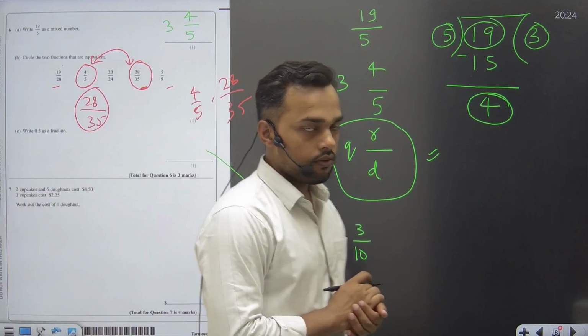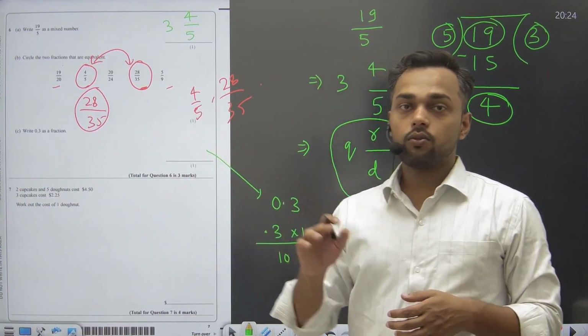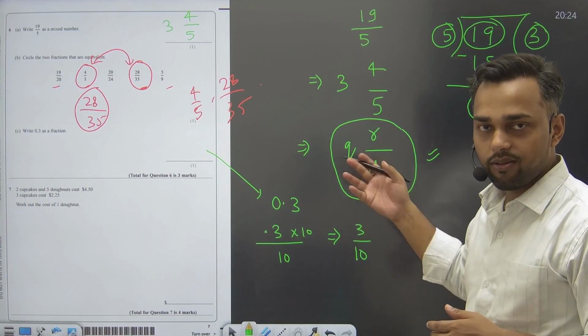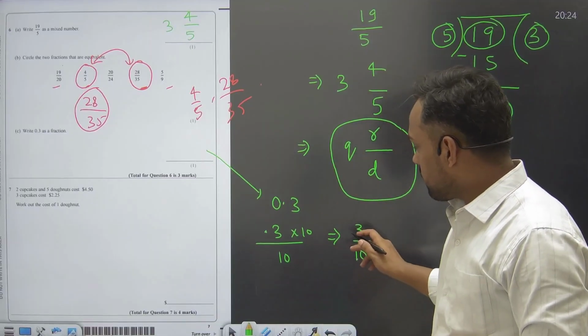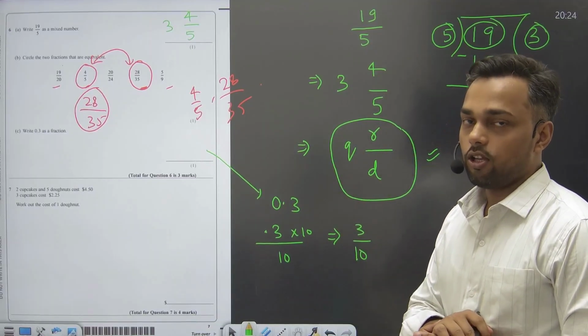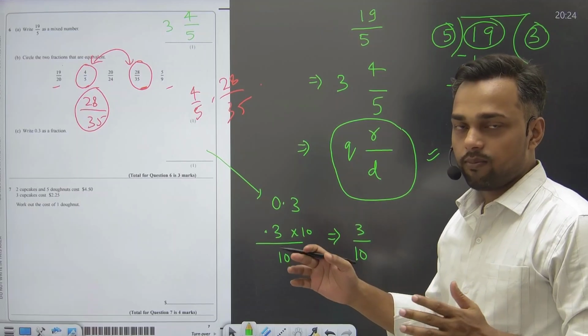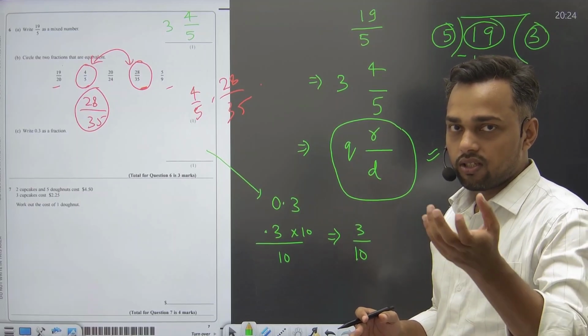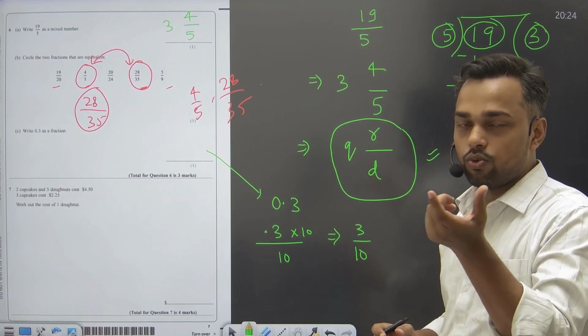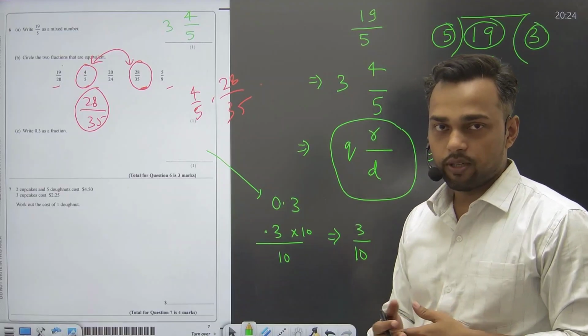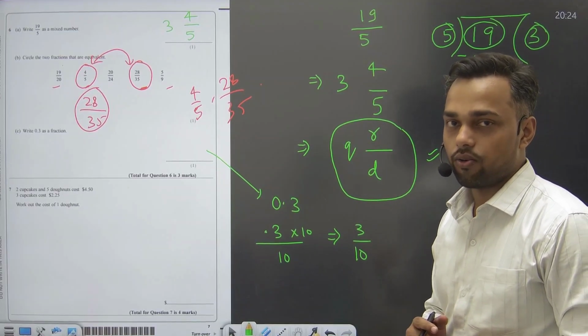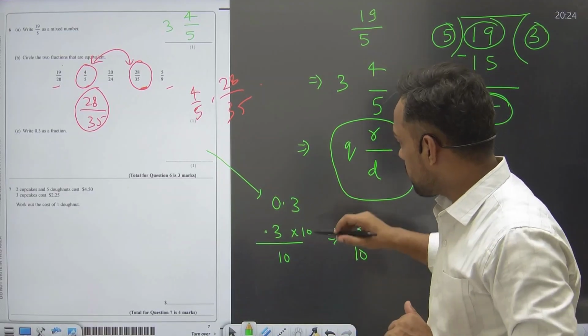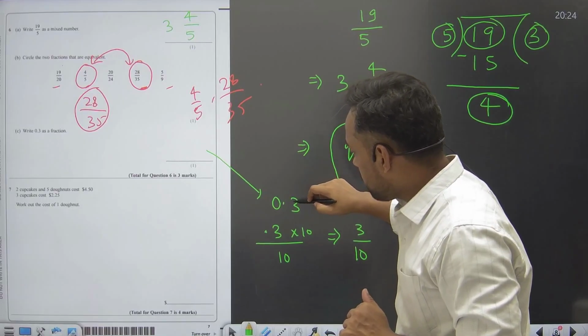If you ask why I multiplied with only 10, not 100, you can multiply by 100 as well. Afterwards you will still get 3 by 10 only. If you multiply by 100 or 1000, the additional zeros of that number will get cancelled out.